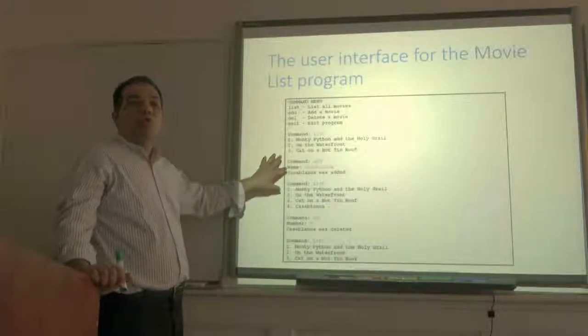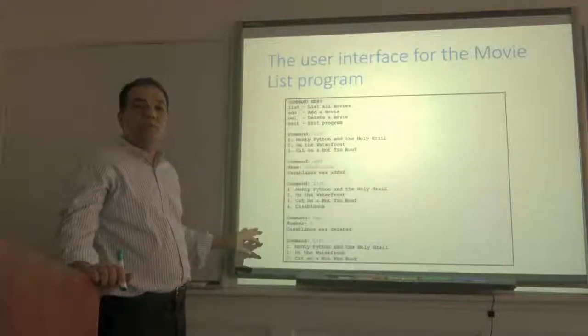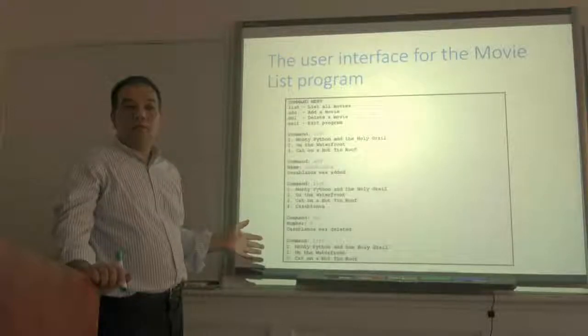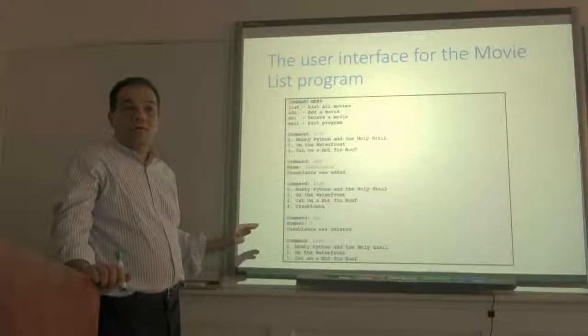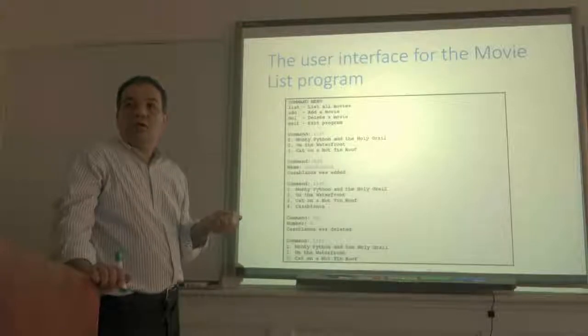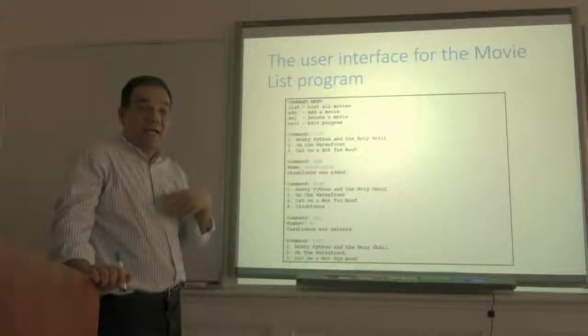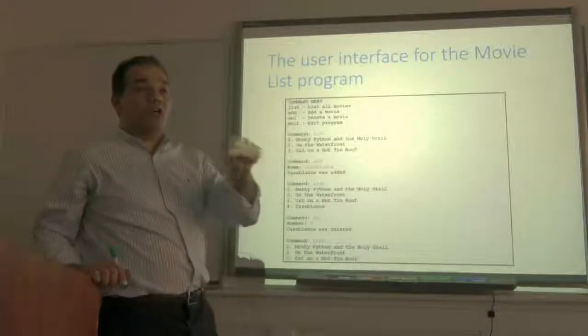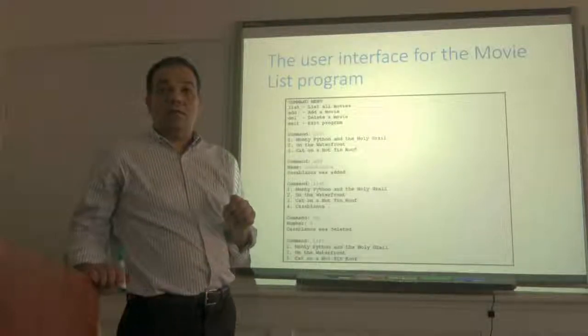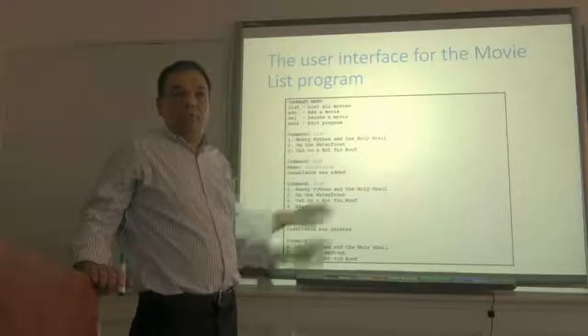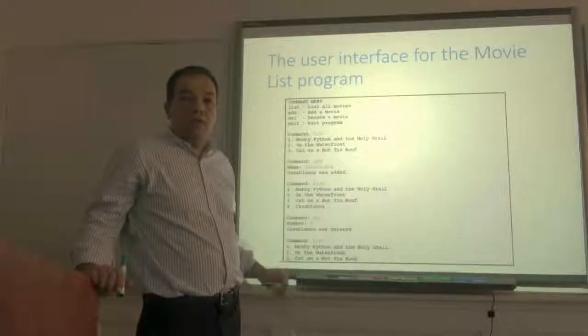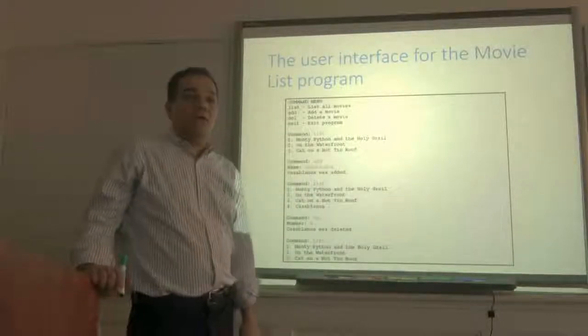So in the future, where are we going to save the movies? In a file. So we read the file into a list, do whatever we want in the list, add, remove, and save it back to the file. Is a file a practical thing?